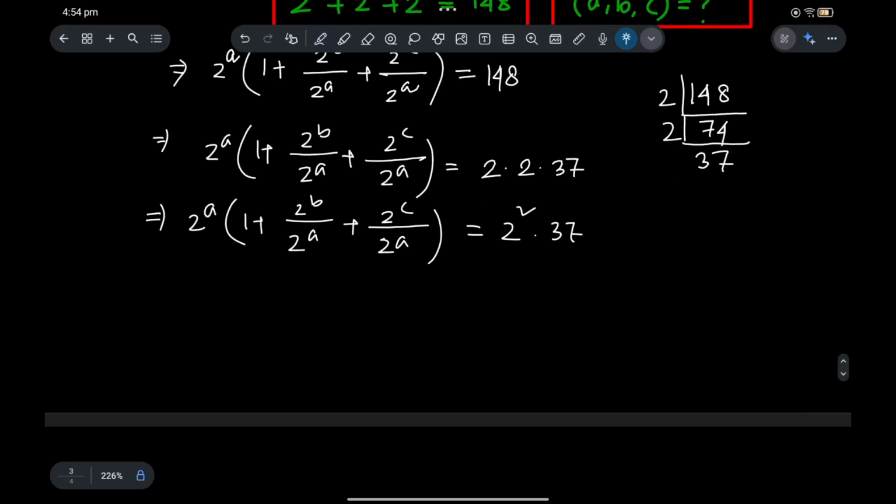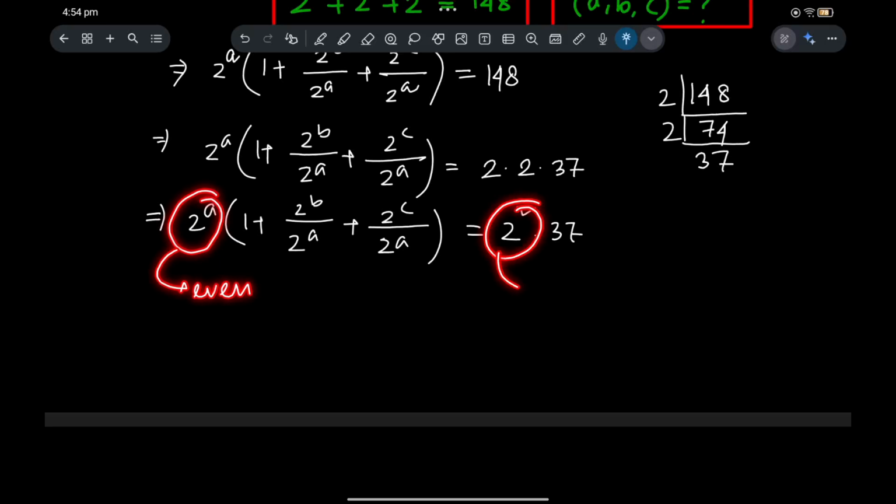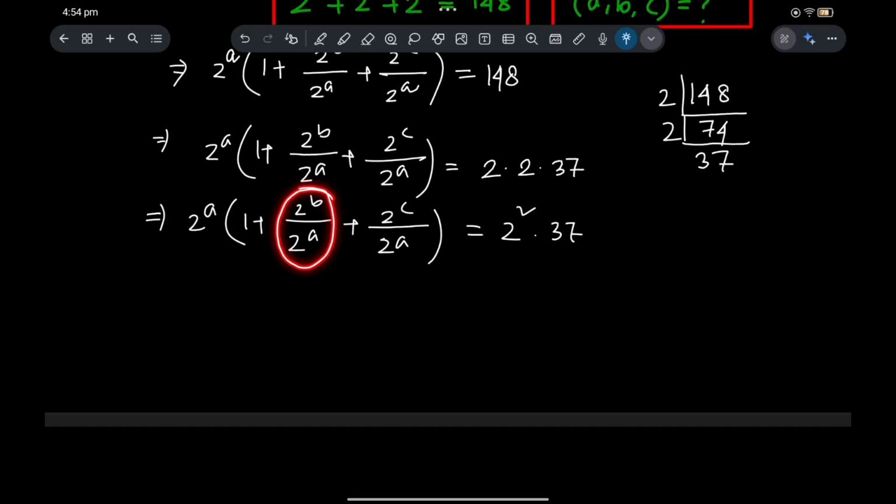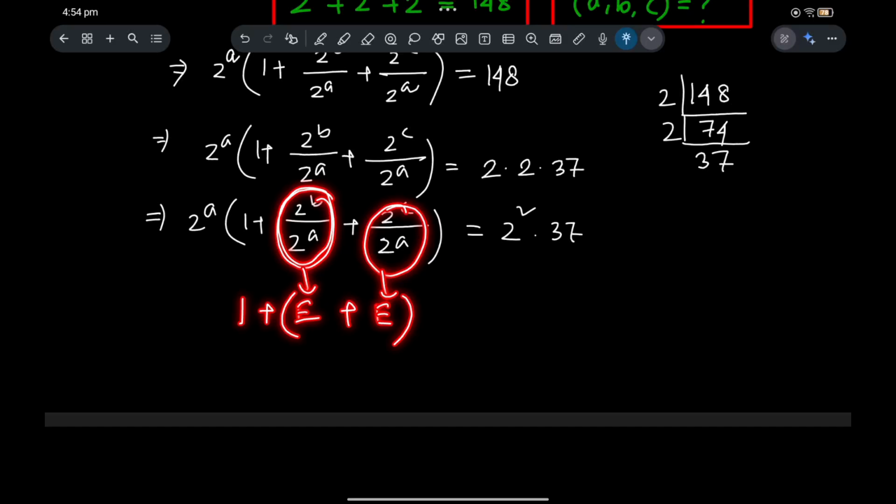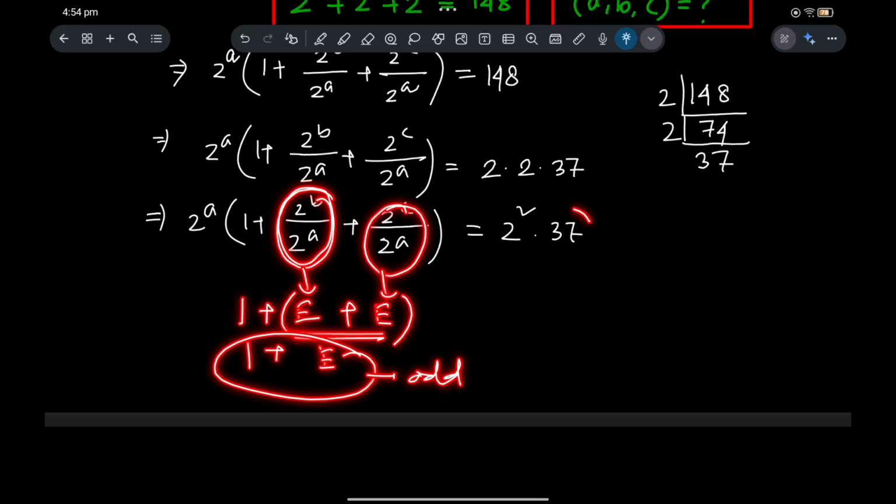Clearly this is an even number, this also is an even number, and here 2 to the power b by 2 to the power a is even, this also is even, but even plus even is even, but even plus 1 is odd, and here 37 is also odd.